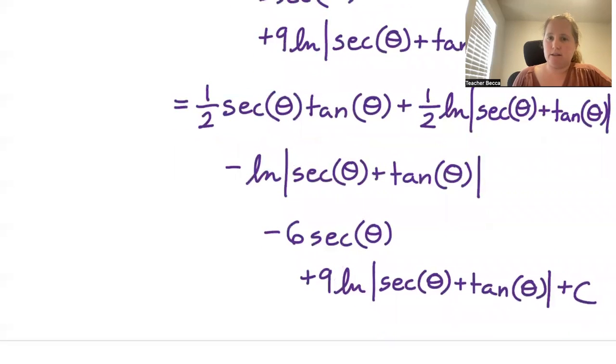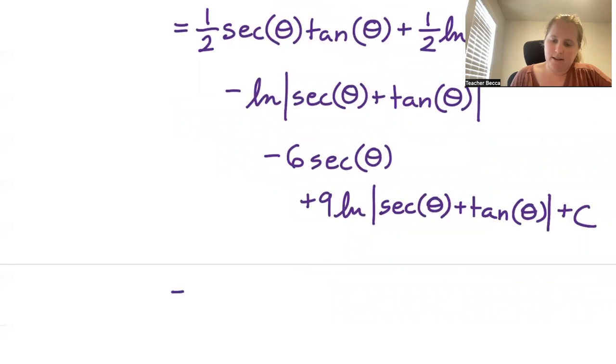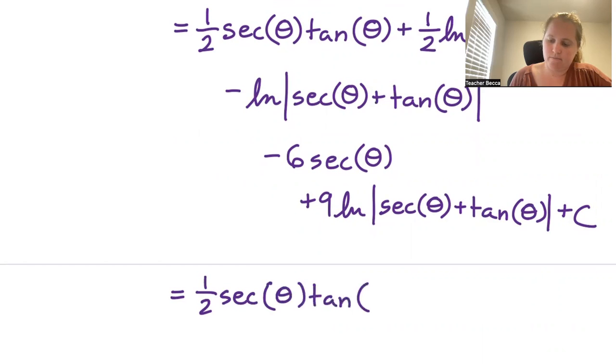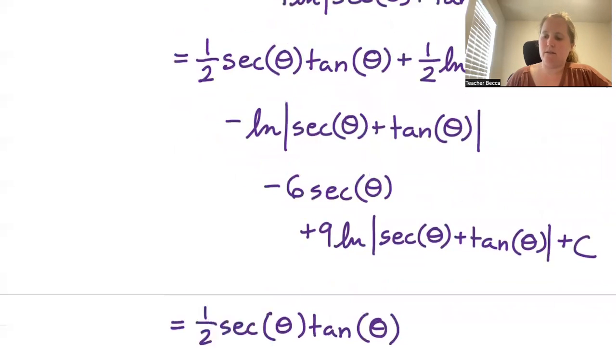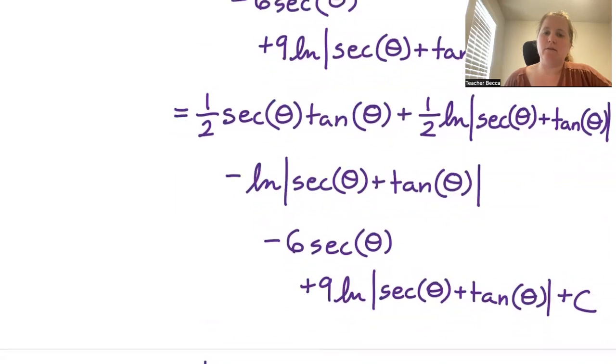This we can go ahead and simplify. We have a 1/2 secant theta tan theta, we have a plus 1/2 the natural log of secant theta plus tan theta. And we have minus the natural log of that, so that becomes minus 1/2.